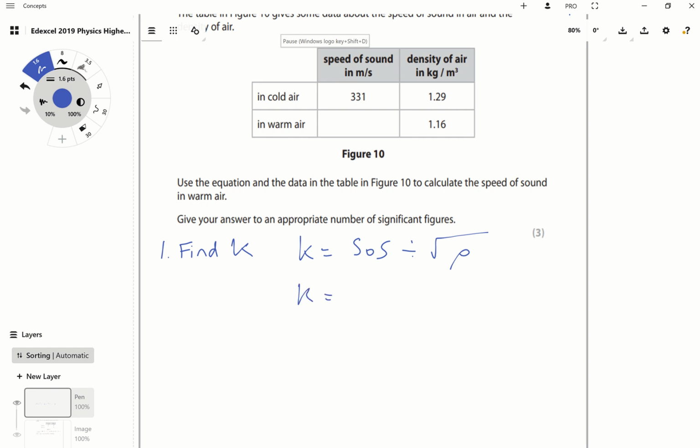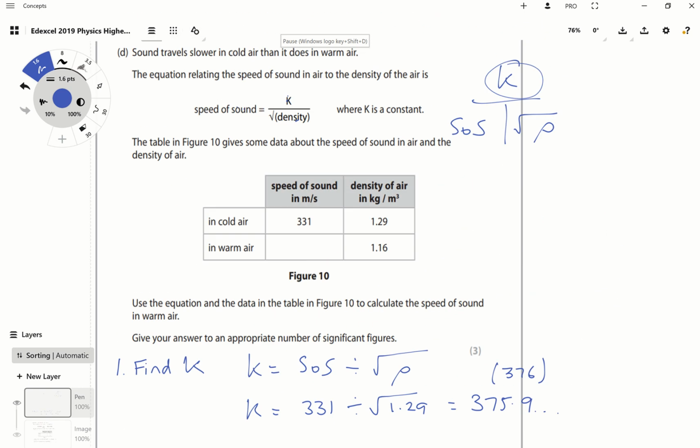K equals 331 divided by the square root of 1.29. Put that in my calculator now. 331 divided by the square root of 1.29 equals 375.9 and loads of other numbers. So I can put in brackets here, 376. I'm going to keep the number in my calculator there because it's there. So we've now worked out K.